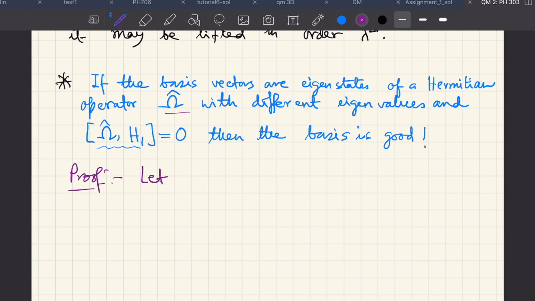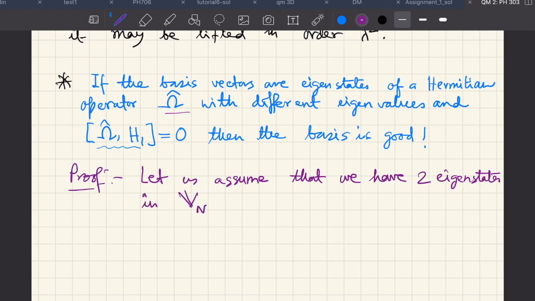Let us assume that we have two eigenstates or basis states in this degenerate subspace Vn, and these are say |n0,p⟩ and |n0,q⟩ with p not equal to q.